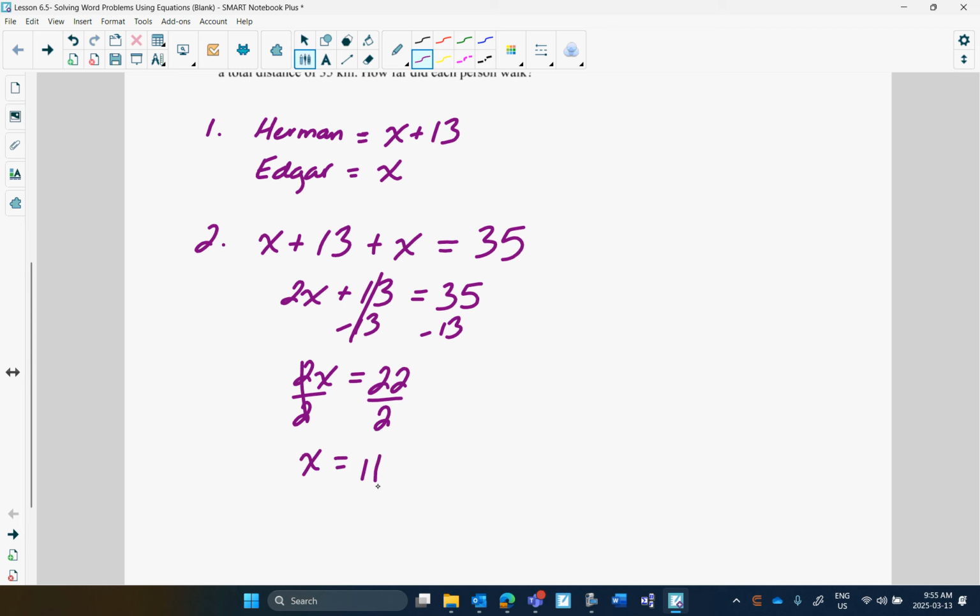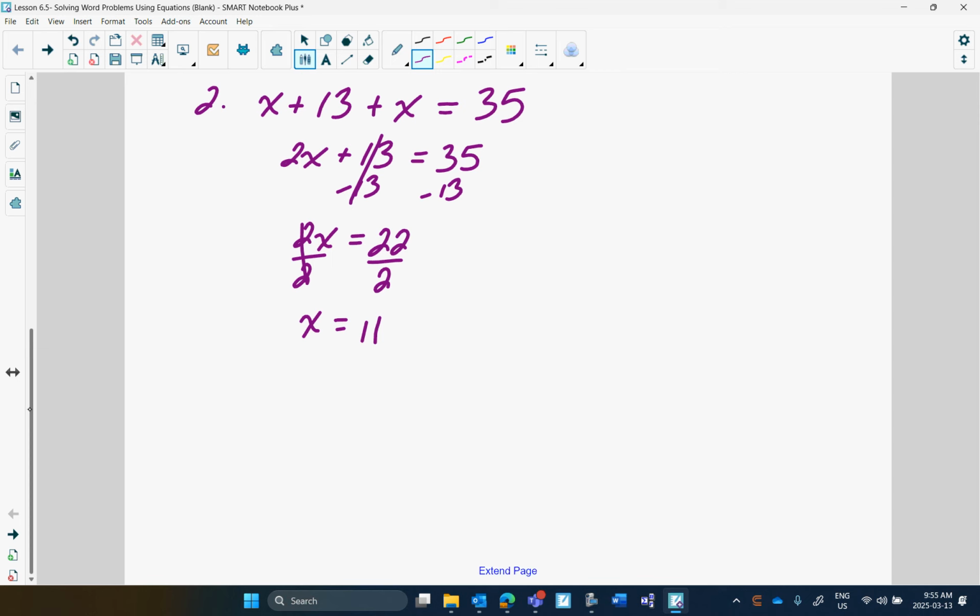And what does that 11 represent if we go back to step 1? Specifically who? Edgar, right? So Edgar went 11. And we can calculate how far Herman went. 11 plus 13, right?